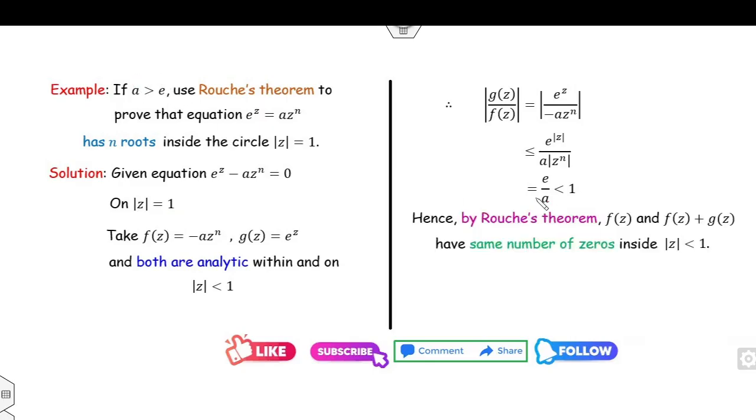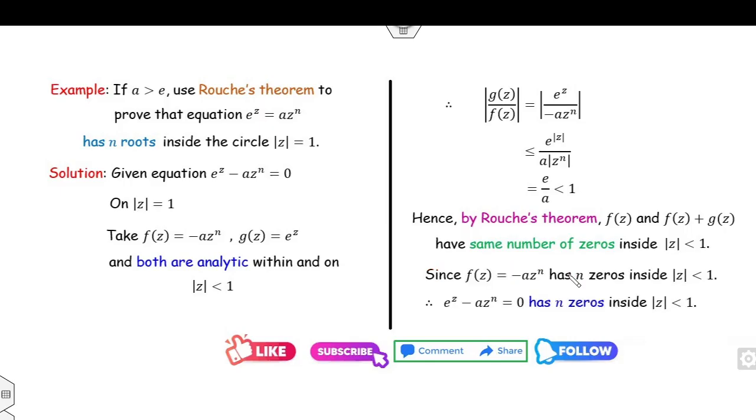Therefore, by using the Rouche theorem, both f and f plus g have the same number of zeros. So can you find the number of zeros of the function f? What is the degree of the polynomial? That is n. So f has n zeros. This implies the given function has n zeros inside the circle |z| less than 1.